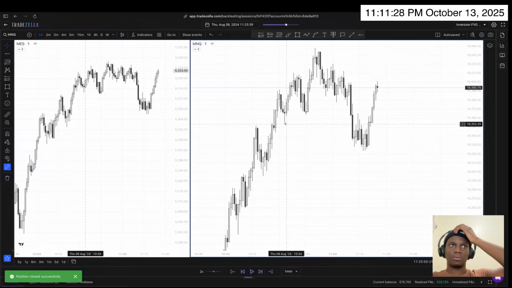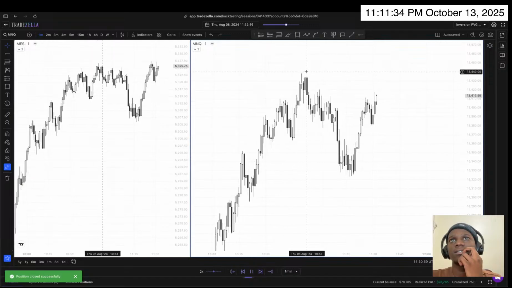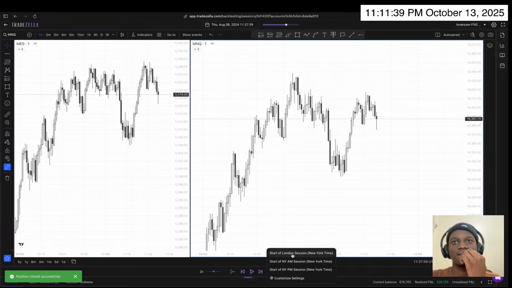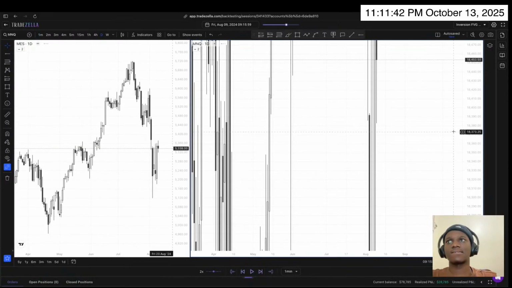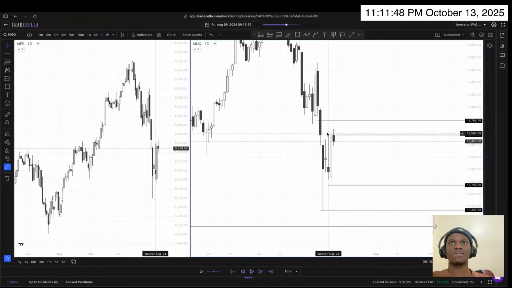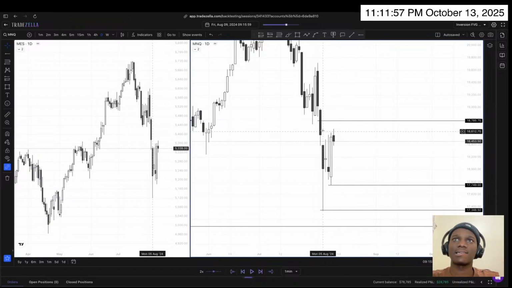So the sweep here and here, and an SMT there. Wouldn't trade that day. So bullish. Retracement back into a big, beautiful fair value gap. I think it could head lower, but yeah, I'm low-key bullish.